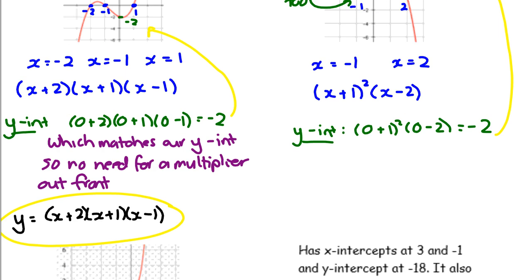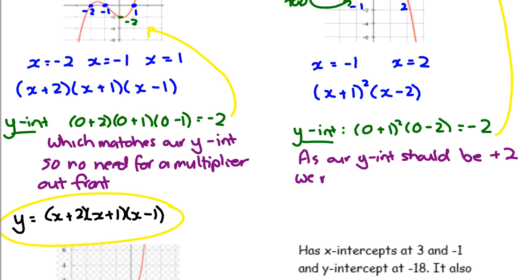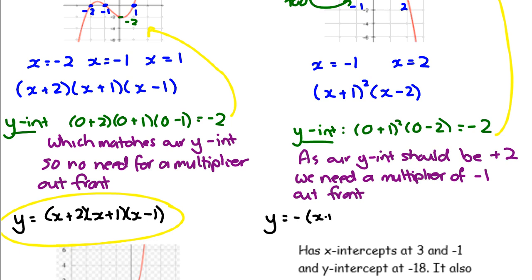So as our y-intercept should be +2, we need a multiplier of -1 out front. So we need to write something like y equals -(x plus 1) squared (x minus 2). It's not wrong if instead you wrote y equals -(x minus 2) (x plus 1) squared. They're the same thing.